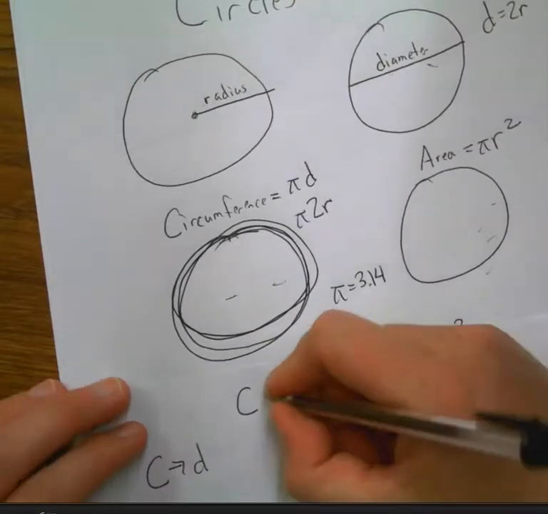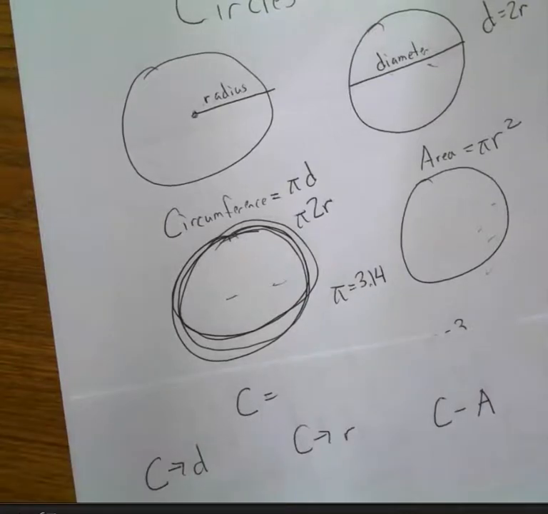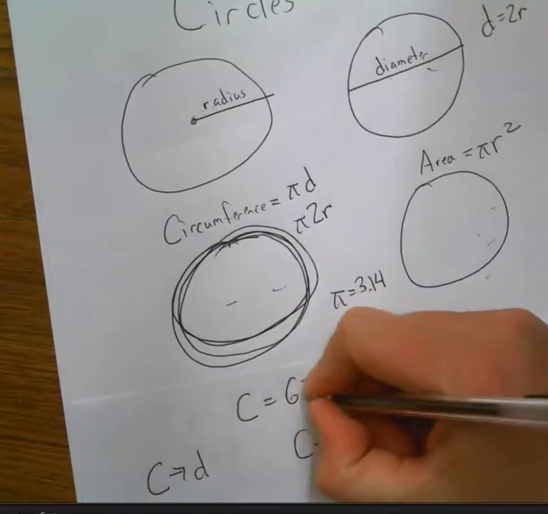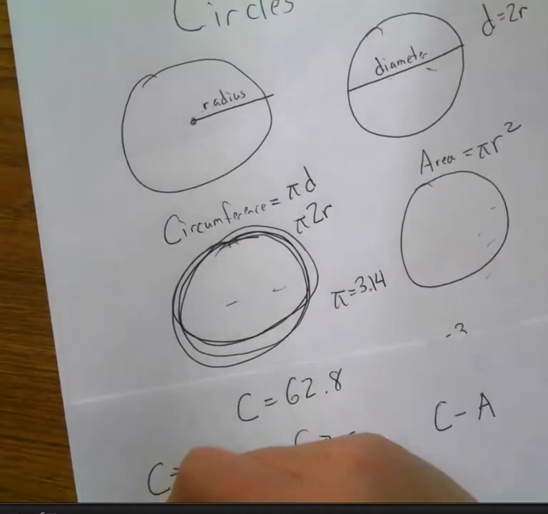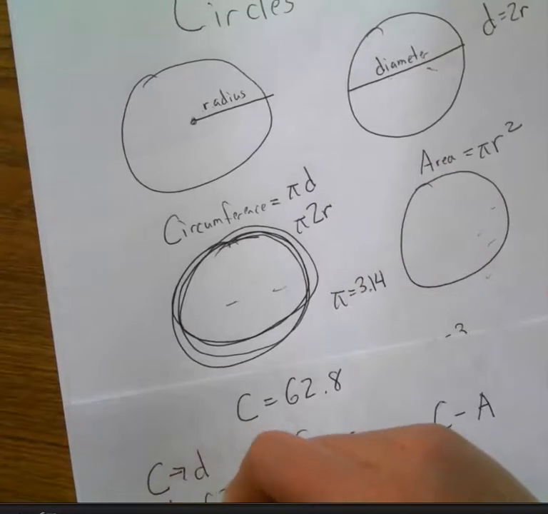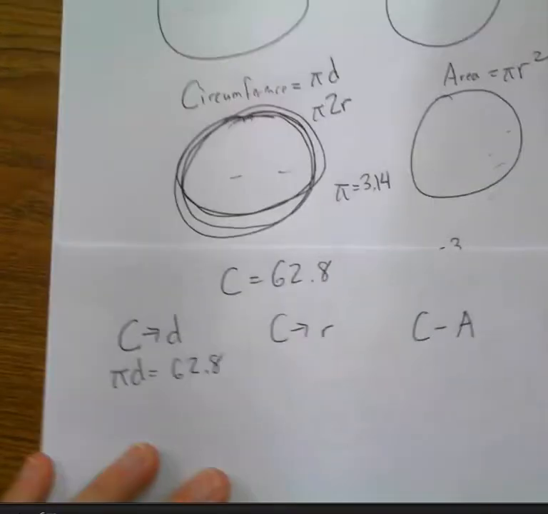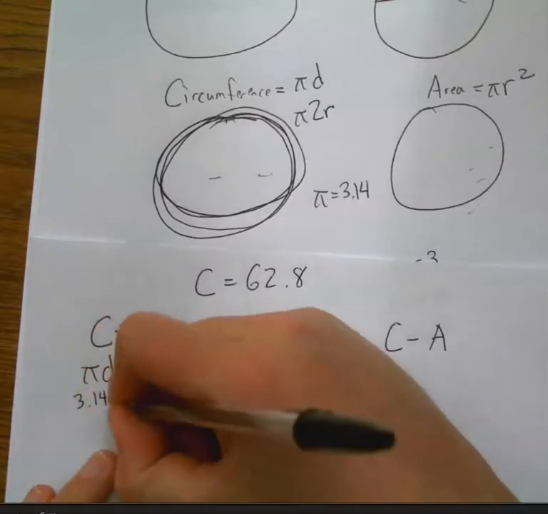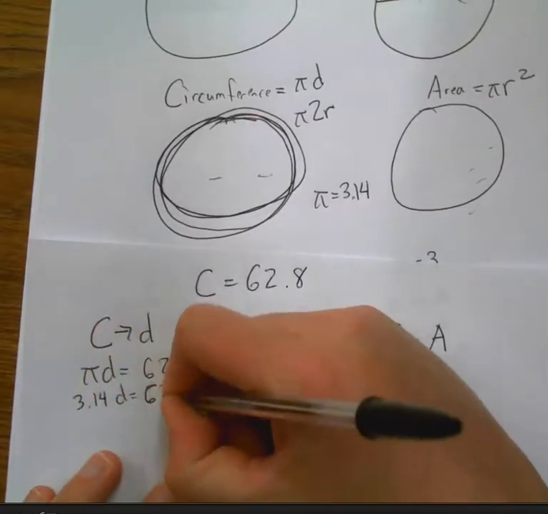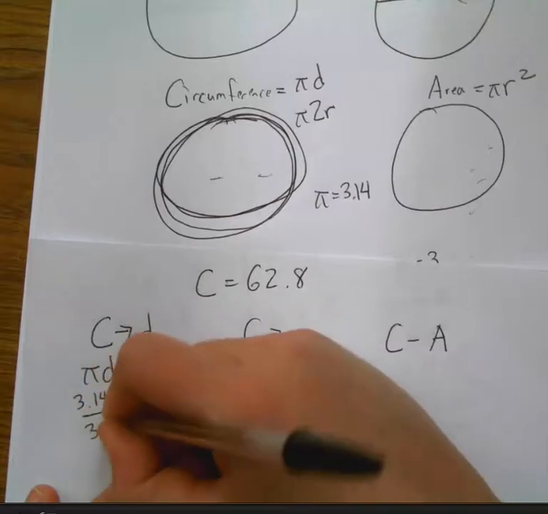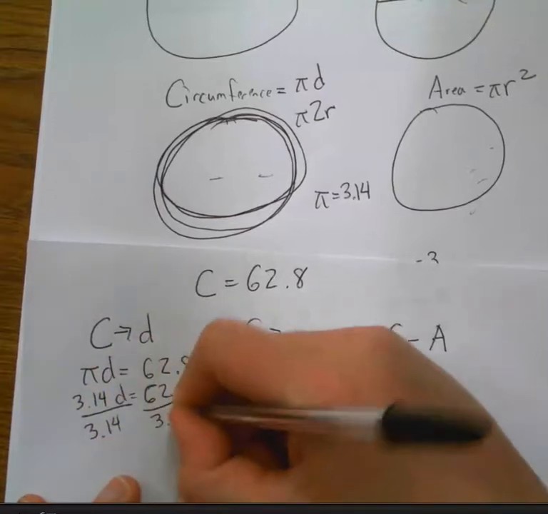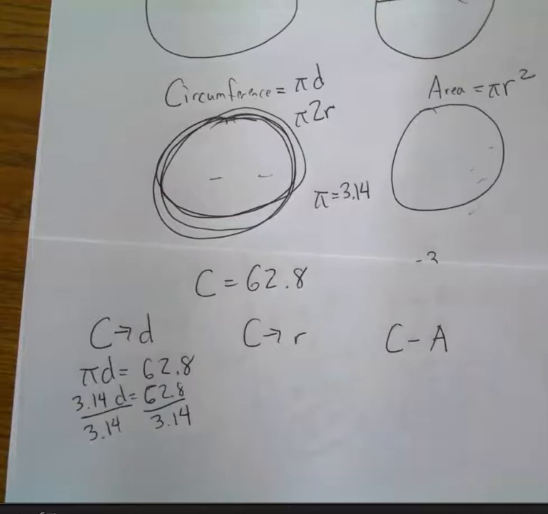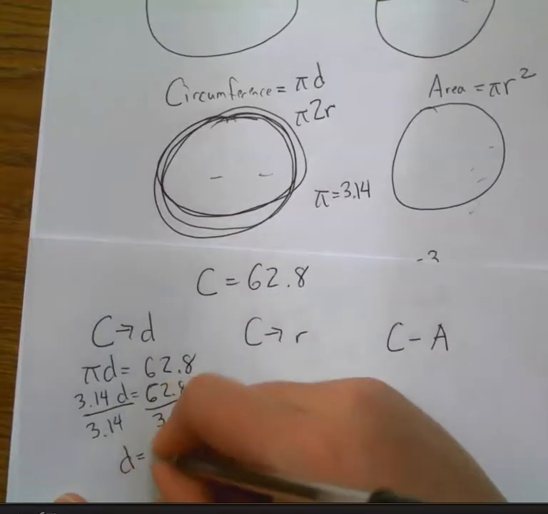So if the circumference is equal to 62.8, well, I know that the circumference is pi d equals 62.8. So then I plug in the 3.14 for pi. Divide both sides by 3.14, just a basic one-step equation. And I get that the diameter is 20.